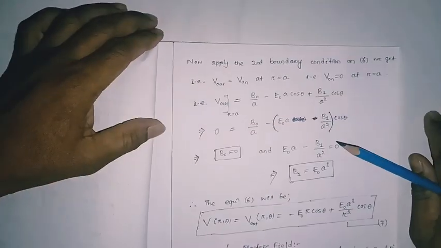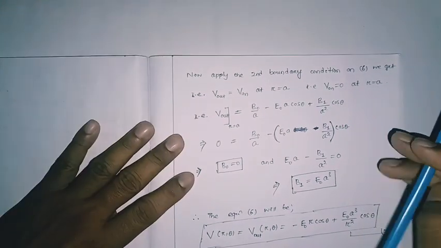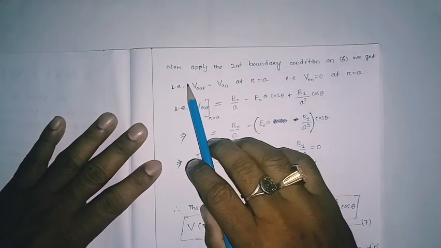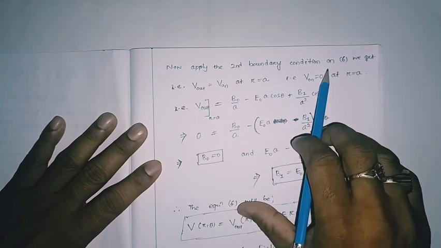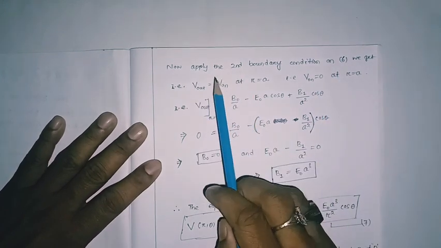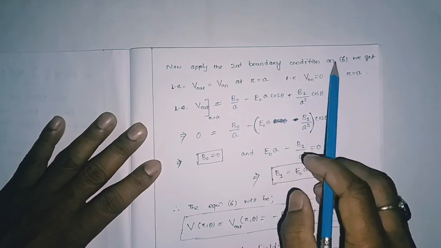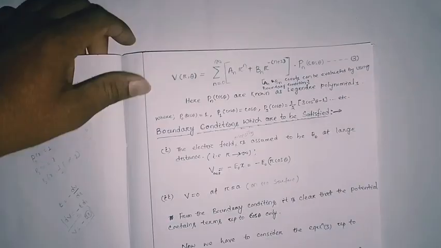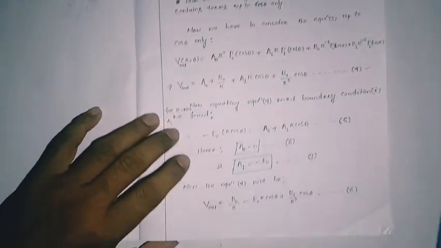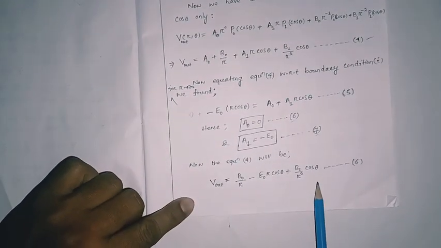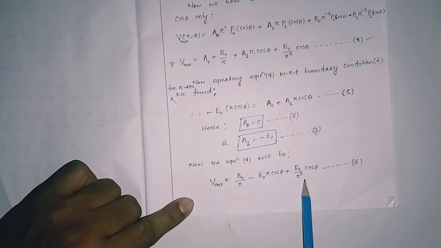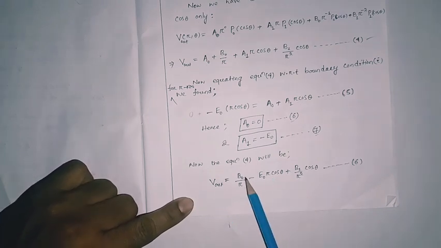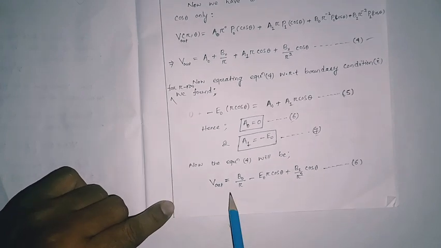Now we are going to apply the second boundary condition. This is most important, you have to watch carefully. On equation number 6, we now apply the second boundary condition. Equation number 6 is now our standing general equation, or general potential, which represents the potential outside the conducting sphere.